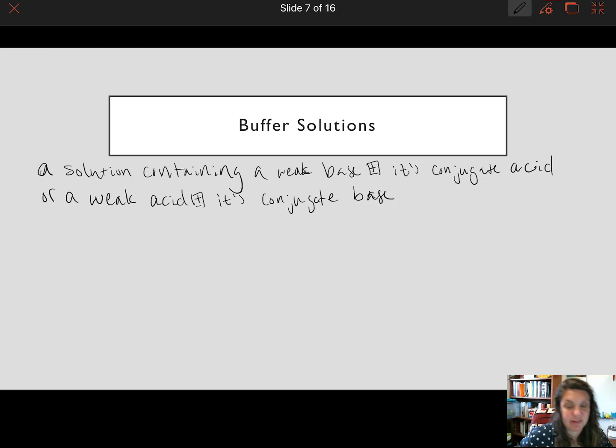So the weak acid and weak base are both going to have a common ion. And the reason that buffers are important is because they will resist large changes in pH when small amounts of strong acid or strong base are added.